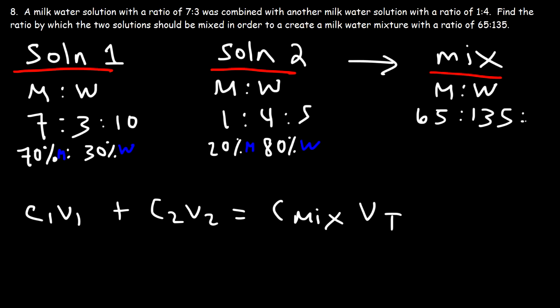Now 65 plus 135 is 200. So if you take 65 and divide it by 200, that'll give you the percentage of milk in this mixture, which is 32.5% milk. And 135 divided by 200 will give us the concentration of the water, which is 67.5%.